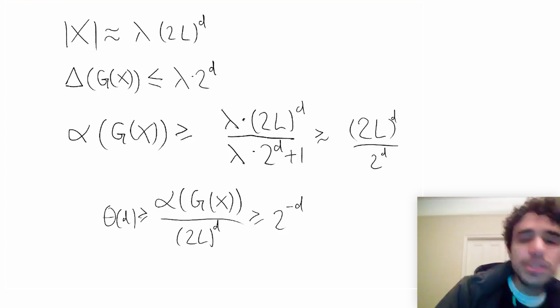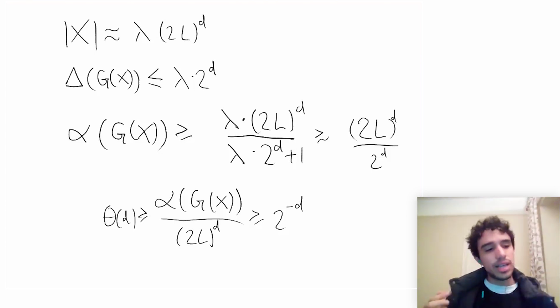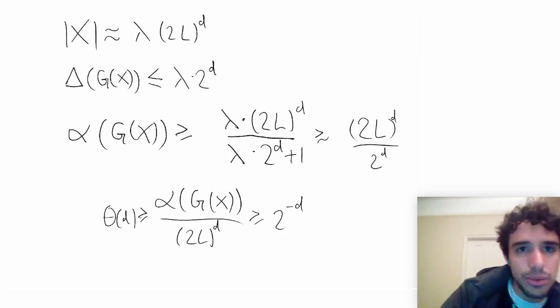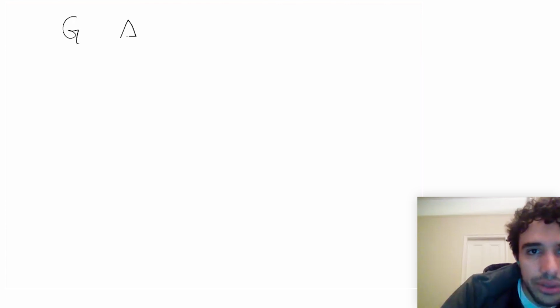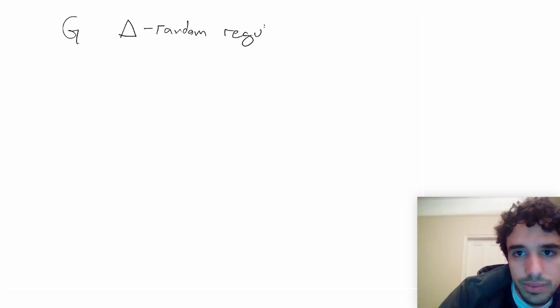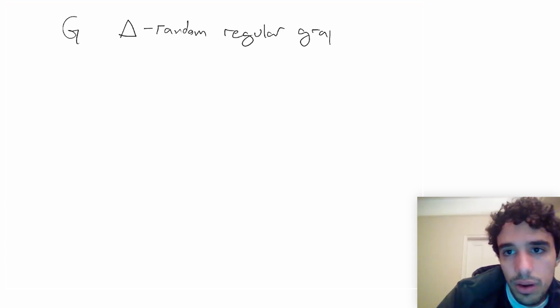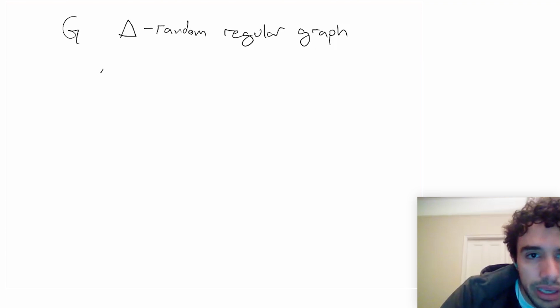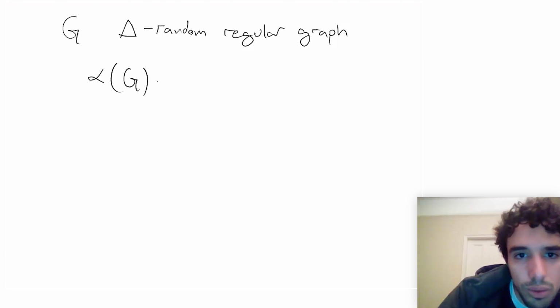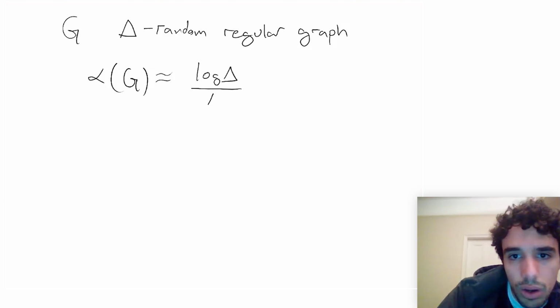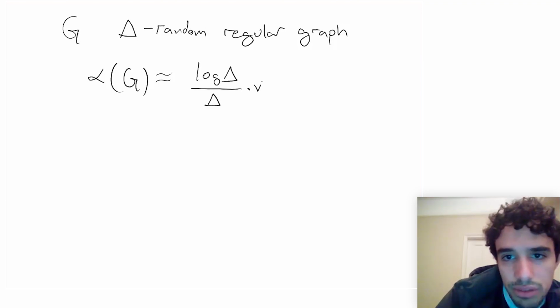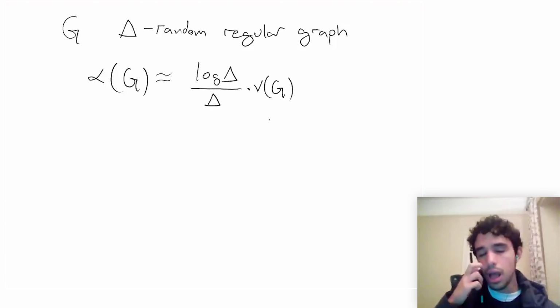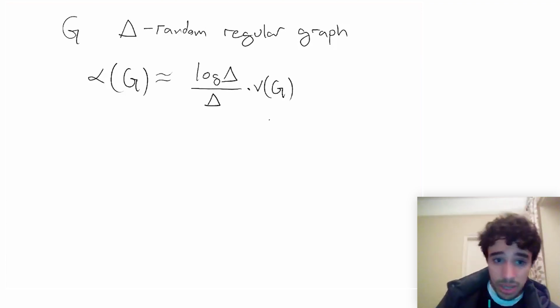Okay. And there is another type of graph that also has small independence number, which is the random regular graph. So if G is a delta random regular graph, then we have the bound that alpha of G will roughly be log delta over delta times V of G. And you can ask if this bound is optimal.